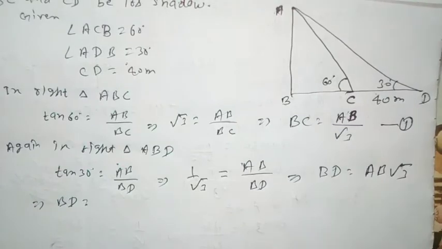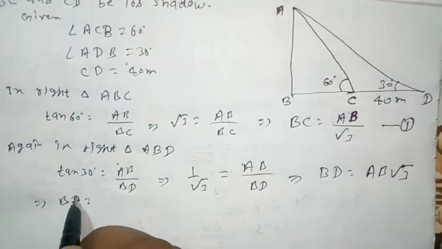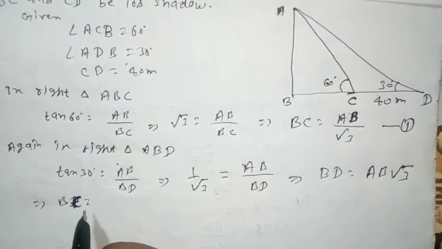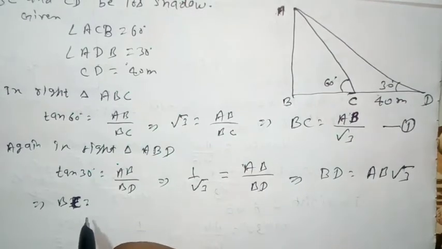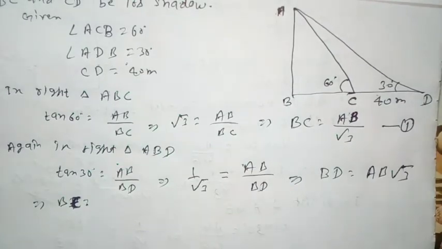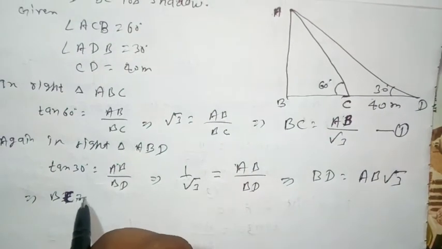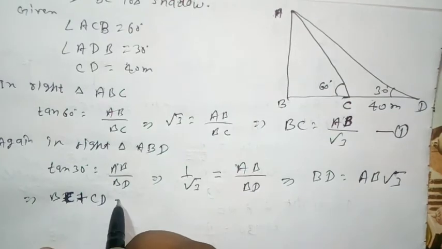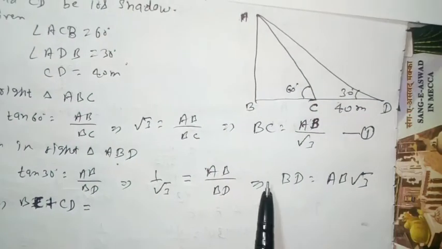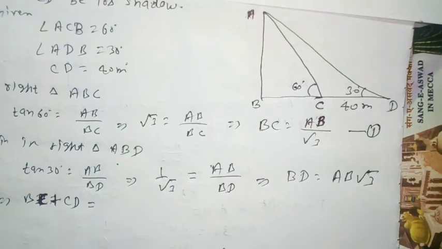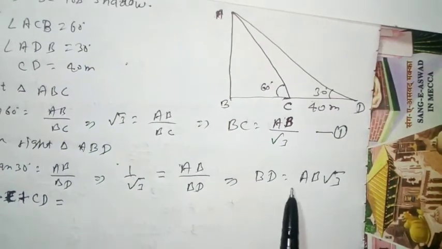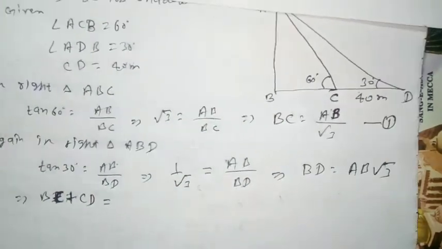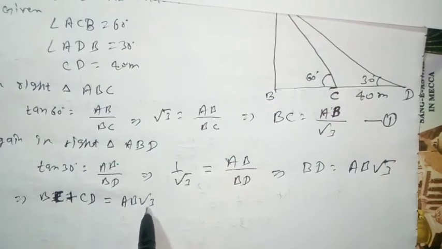BD is equal to BC plus CD. BC plus CD is equal to BD, which is AB root 3.